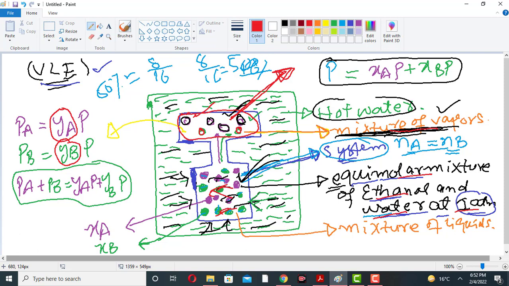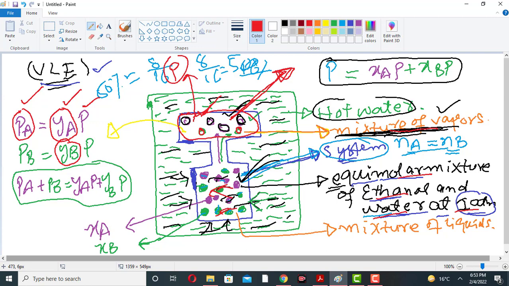The partial pressure exerted by ethanol in this space will be denoted by Pa. The partial pressure of ethanol will be equal to the mole fraction of ethanol in the vapor mixture multiplied by the total pressure of the vapor mixture. The total pressure of this vapor mixture will be denoted by P.